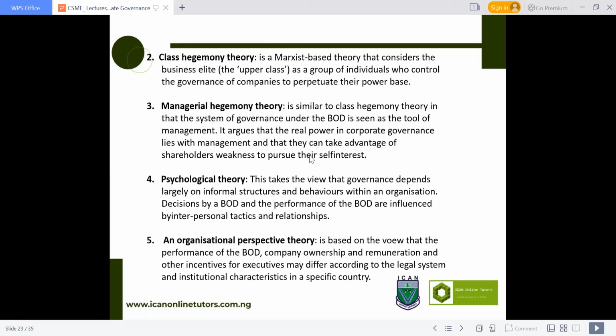Then we also have the opposite of it, which is what we call the managerial economic theory. This one is very opposite to the classical theory. It says the real power in corporate governance lies with management, with the directors.